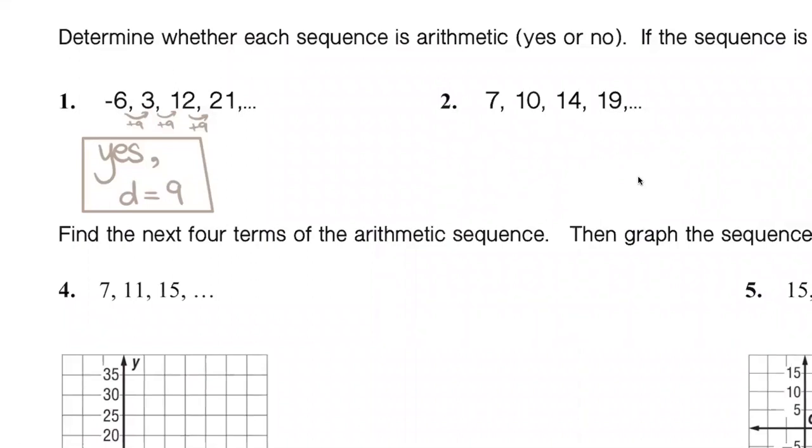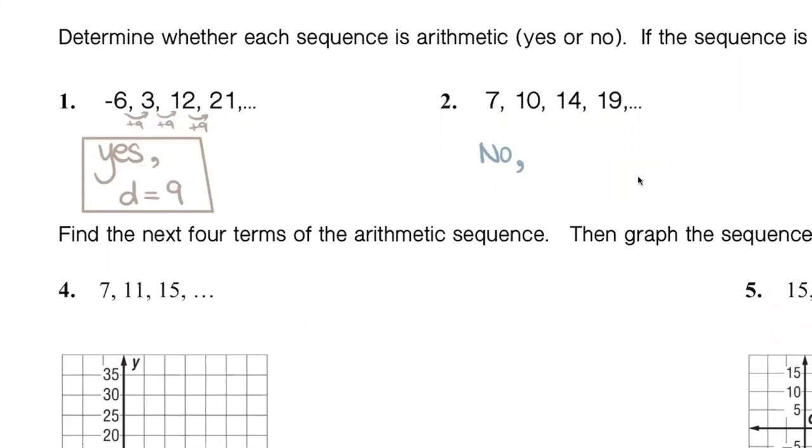Awesome. Okay, let me call on somebody and I want you to tell me what your answer is and also why. Let me call on Chris. You got the right answer. You said no, and why did you say no? It's just none of them were equal to each other, like to get to the next number.